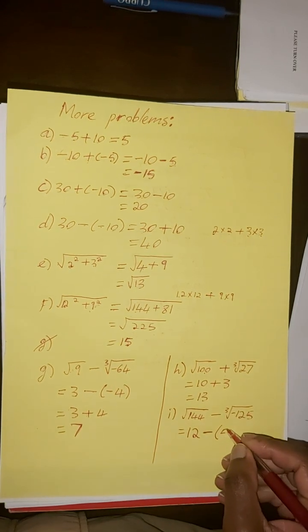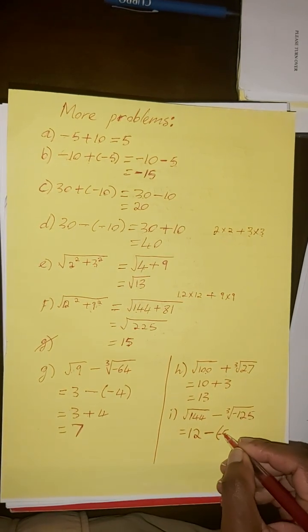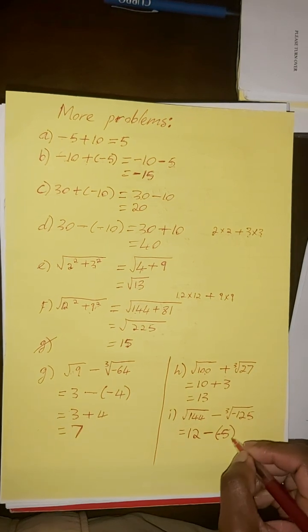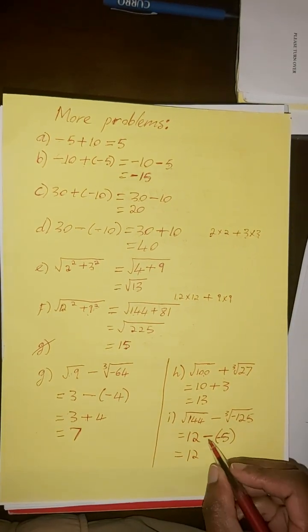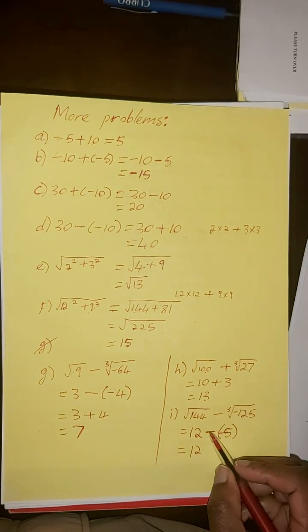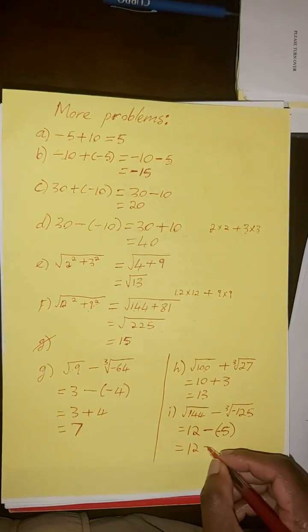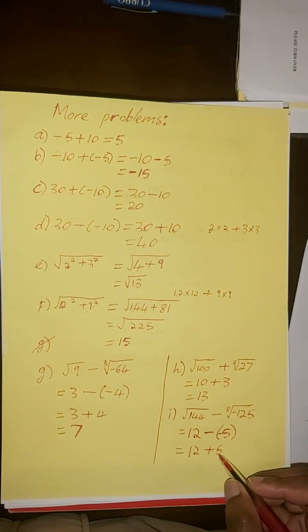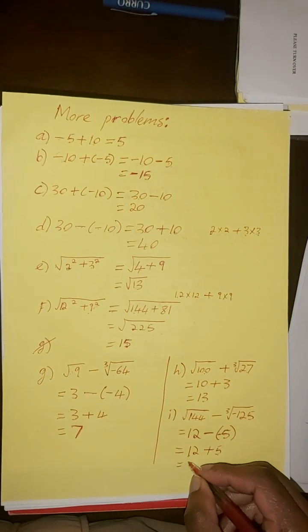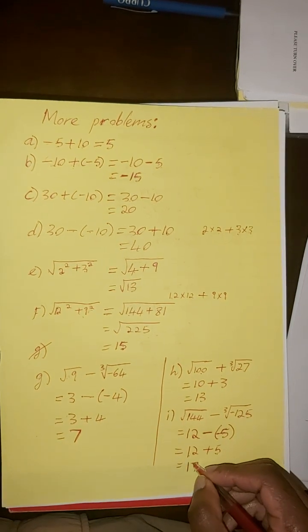The answer is negative 5. And then from here, I'm going to put the 12 down and then remove this bracket. Say what is negative multiplied by negative 5, and I would get a positive 5. And then from here, I say what is 12 plus 5, and my answer is going to be 17.